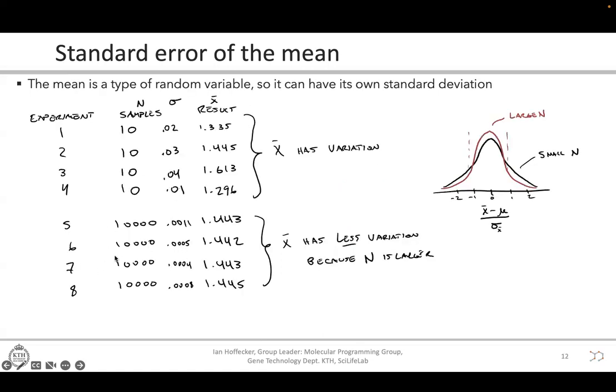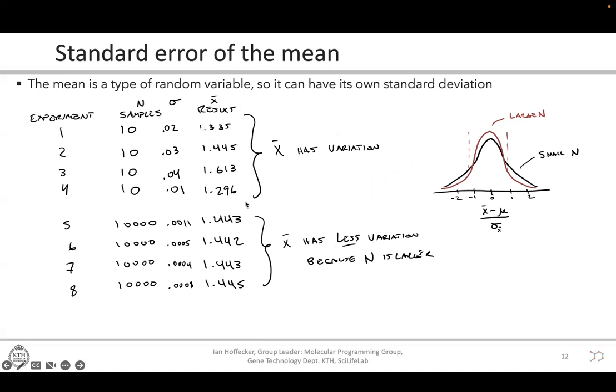So let's consider an example. We have an experiment. We take multiple measurements, and each experiment consists of taking 10 measurements, and we're computing the standard deviation, and we get a value for X bar here.